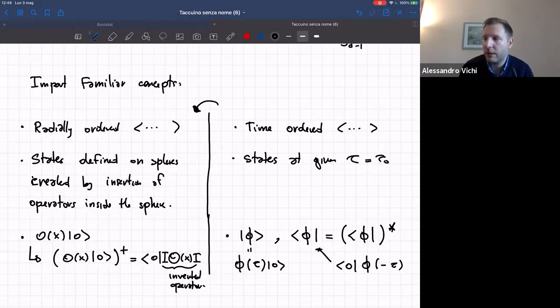I should say that people do not usually play these games on the cylinder because it's very complicated to work on the cylinder. So sincerely I don't know many works trying to compute these things on the cylinder.